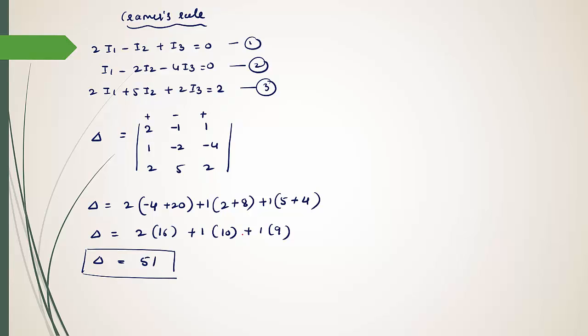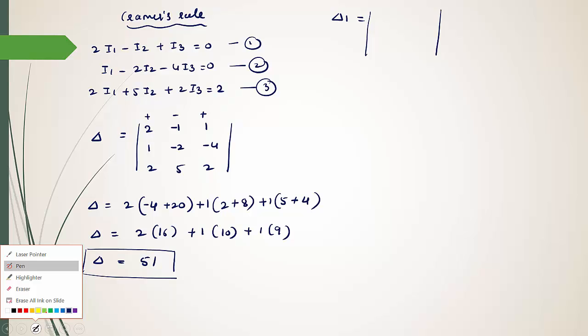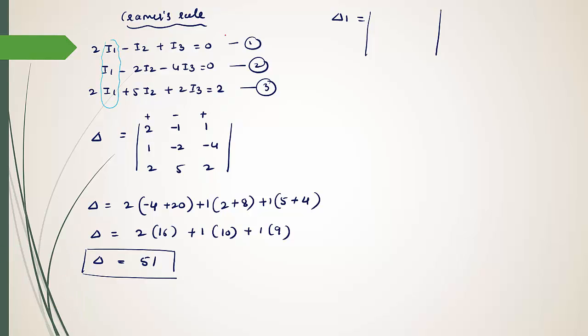Right? Now we have to find the I1, I2 and I3 values. Let us take first delta 1. Delta 1 means I want the value of I1. In place of I1, we have to write the resultant values. So here I am going to write the determinant: in place of I1, I write 0, 0, 2.